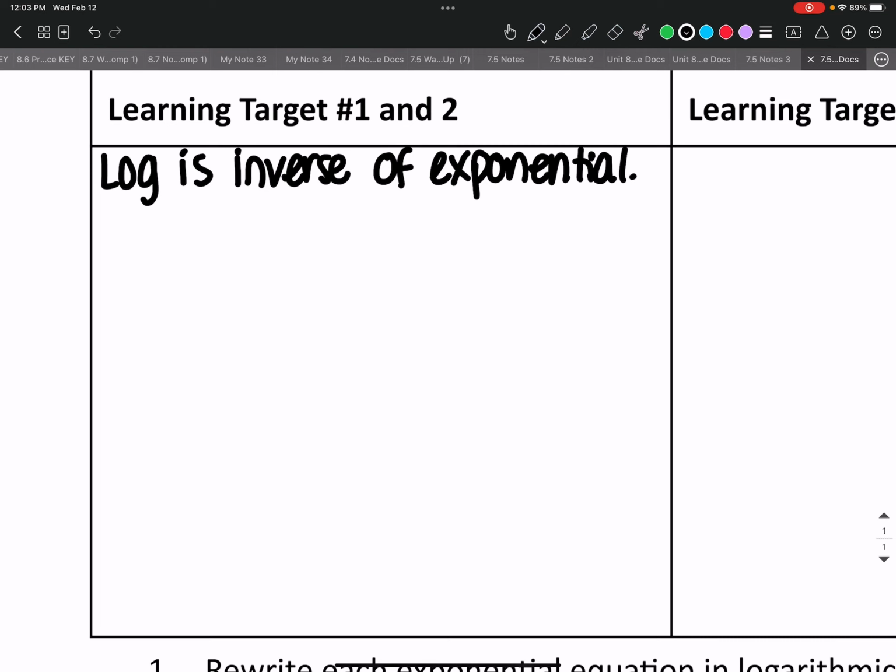And so we can convert between the two by changing our inputs and our outputs. Our inputs and outputs switch.